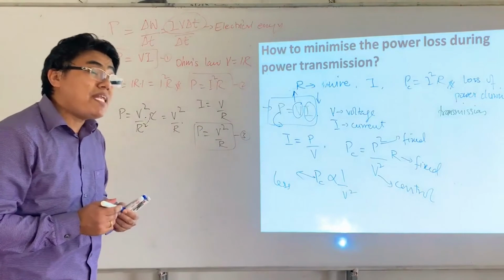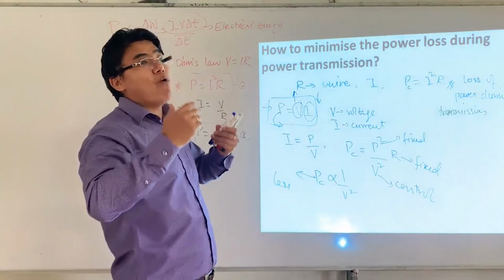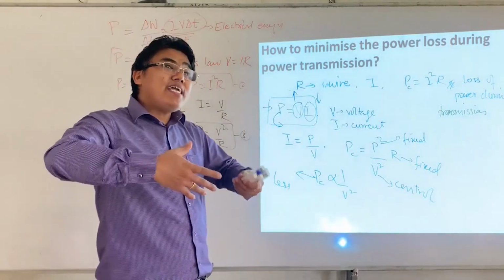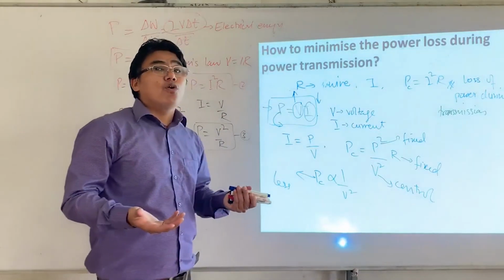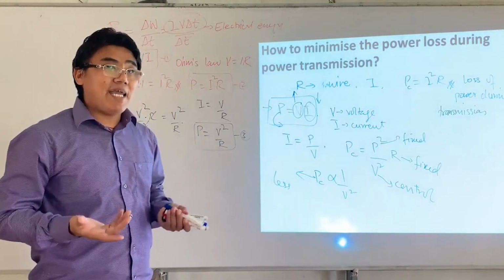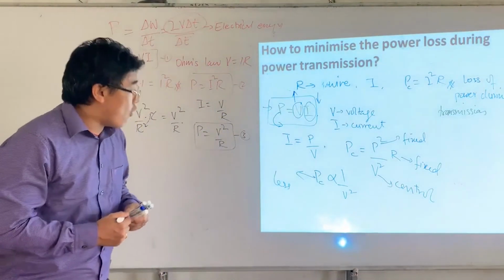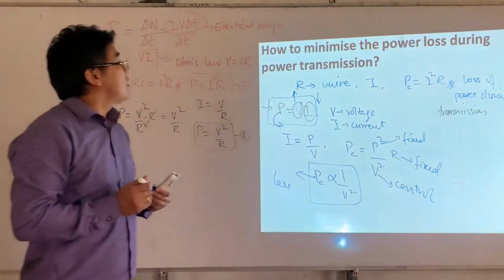I can minimize power loss by increasing the voltage and decreasing the current. If we could increase the voltage by 10 times, then power loss could be decreased by 100 times. So this is a very important factor, right?